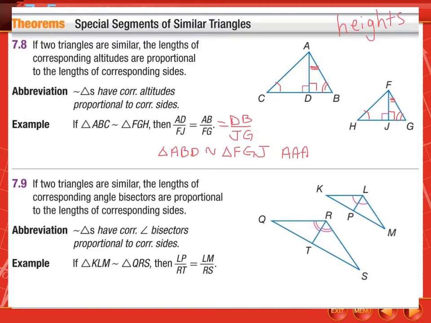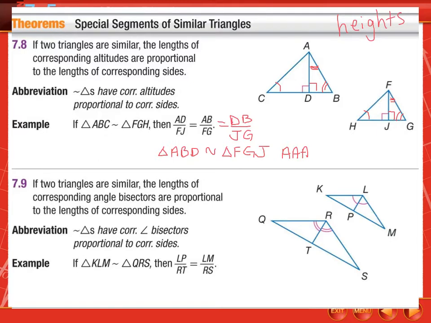If we draw angle bisectors from one vertex to the opposite side here, bisecting angle KLM, and we also draw another angle bisector bisecting angle QRS, then the theorem states that these two bisectors, LP and RT, are going to be proportional to the same ratio as the sides of the two original similar triangles.